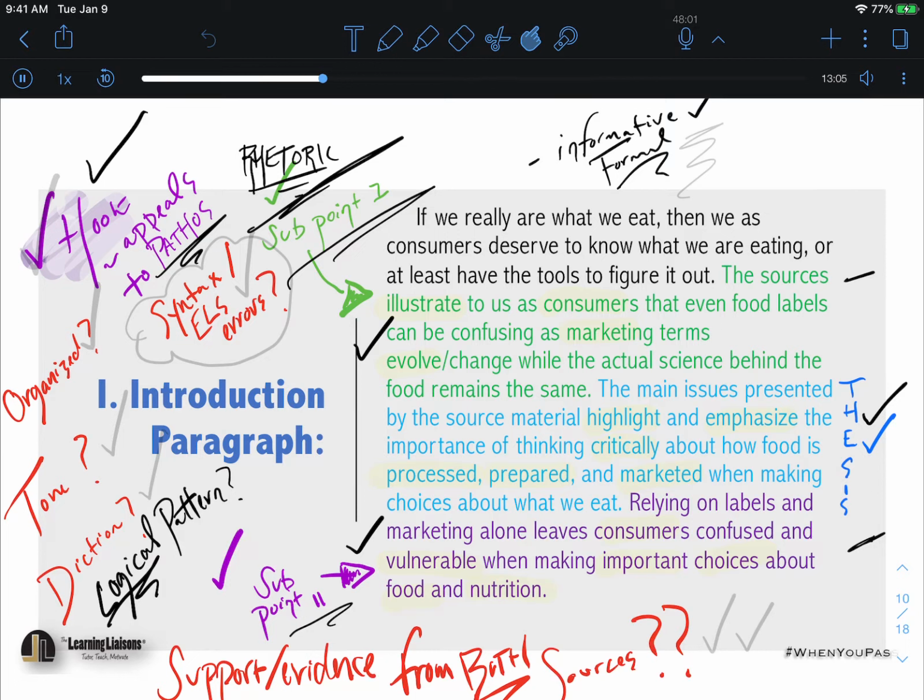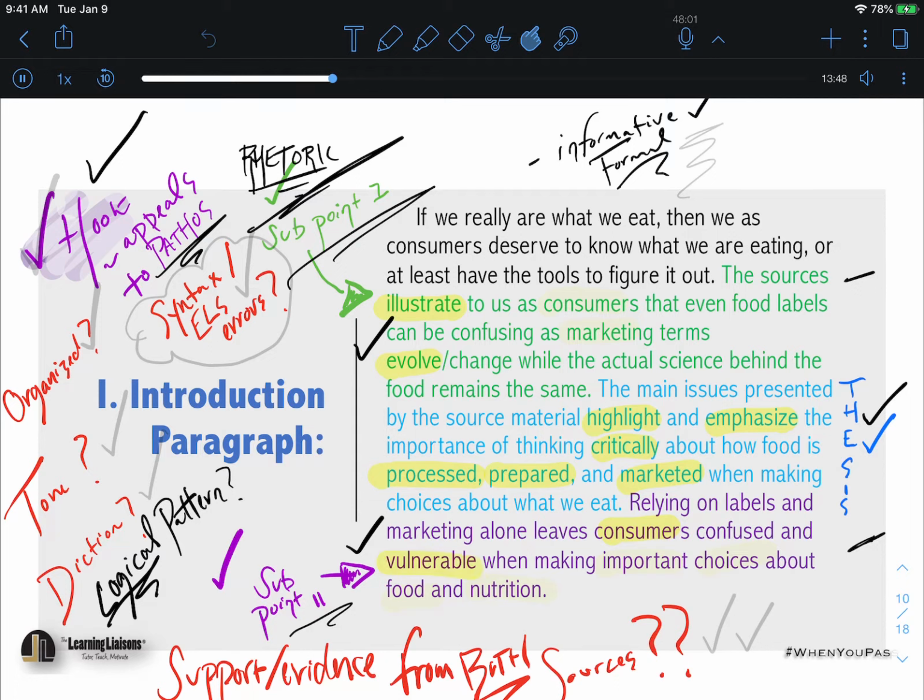The diction: very good words are used to meet the needs of this paper. I'm trying to think of something that stands out to me, but say illustrate instead of something more bland like show. Let's see, the word evolve. Highlight, emphasize, critical thinking, process, prepare, market, consumers, vulnerable.